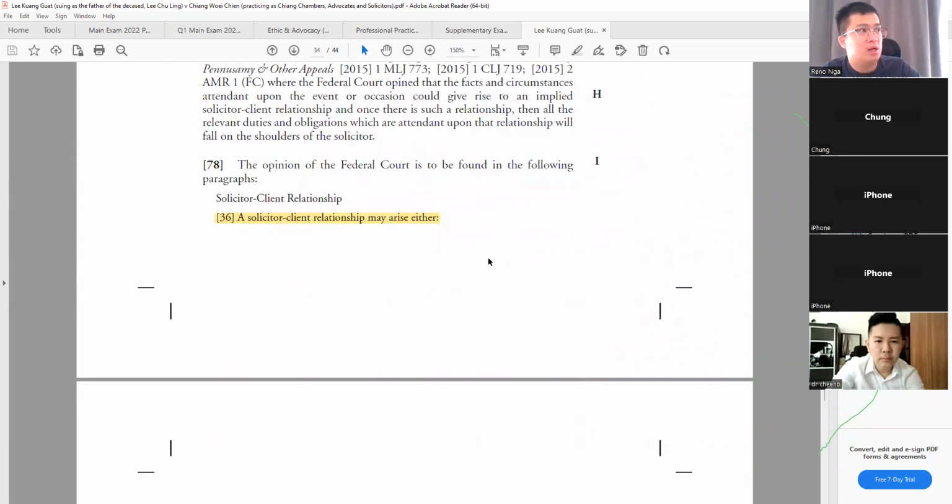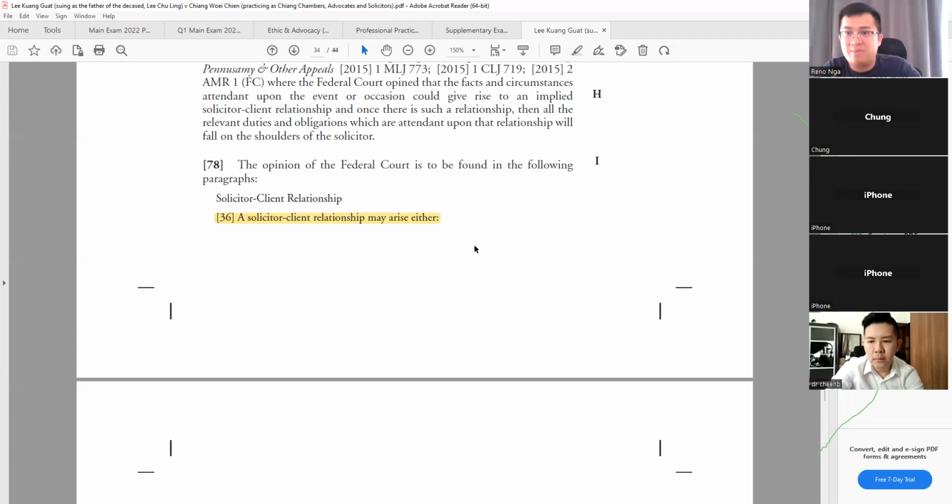No problem. If I heard you correctly, you are asking what is the difference between express retainer and implied retainer, right? Okay. So express retainer, like the word suggests, means I expressly say, Dr. Chi, can you become my lawyer? Then Dr. Chi says okay, then we sign a letter. So this is express. Section 91, 92: when we have a written agreement, we trust the written agreement first.